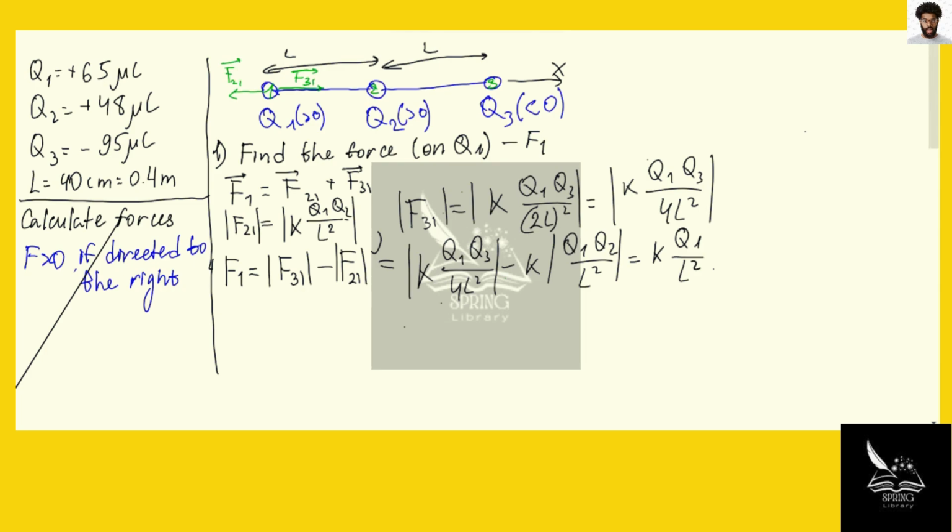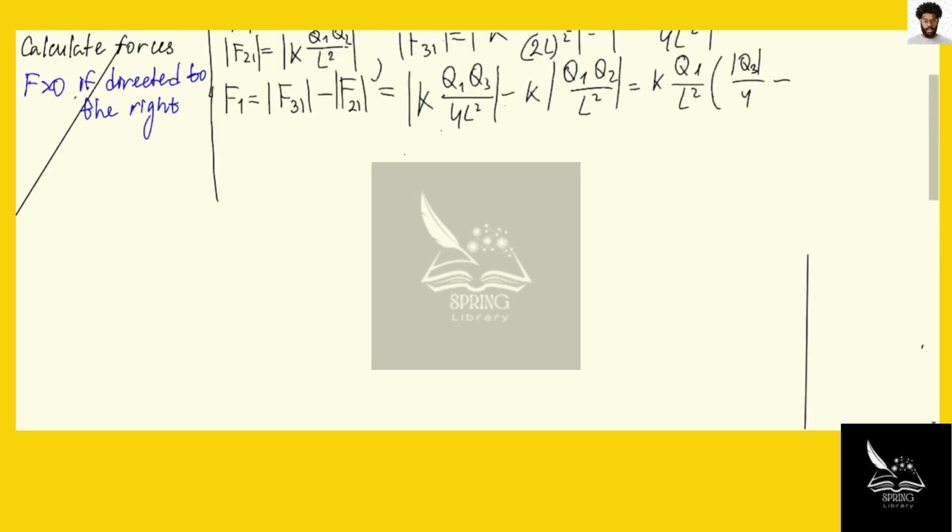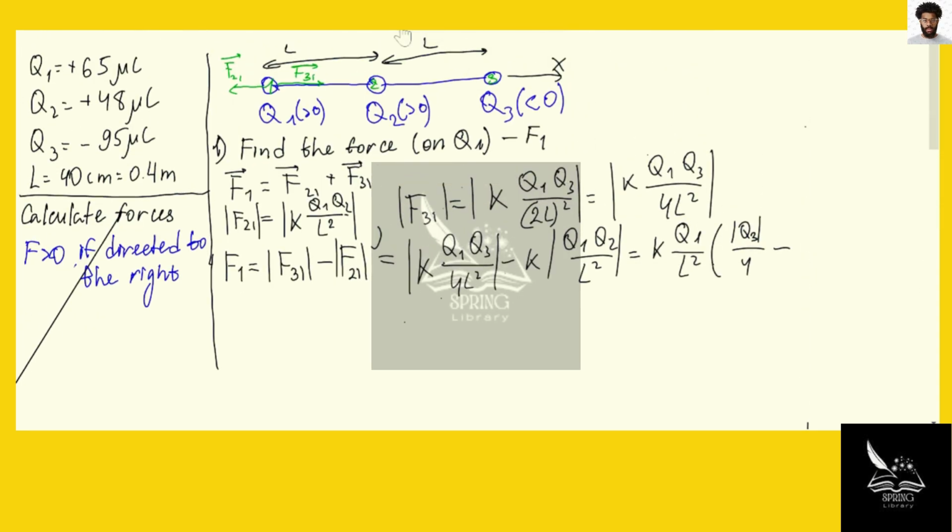Q1 is positive, that's why we can leave the absolute brackets out. Multiply by the absolute value of Q3 divided by 4, minus Q2.